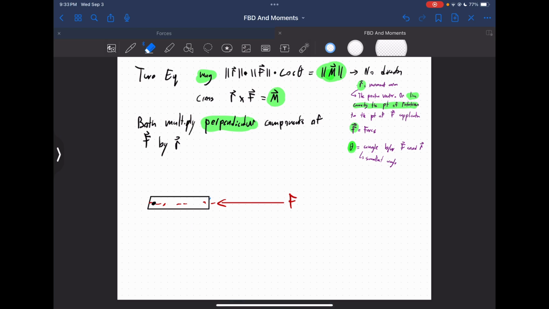Why? Because it's the perpendicular force that does the rotation. When I hit it like this, recall we have our Y and our X force. We can call that Fx and Fy. And Fx is causing no rotation.